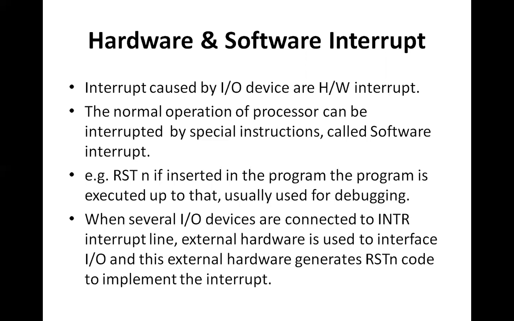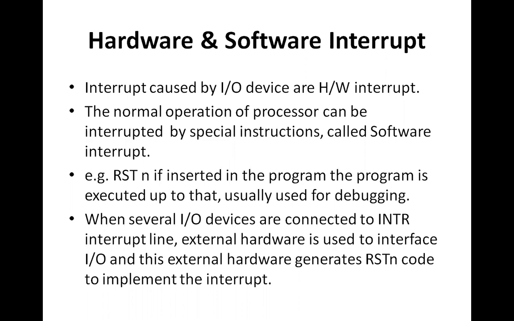Now, if you take an example of a software interrupt, we have many instructions. While discussing the subroutine, I have given you the idea of RST instructions. And the format of using RST instructions is RST N, where N is from 0 to 7. We have 8 RST instructions. And these RST instructions are basically software interrupts.